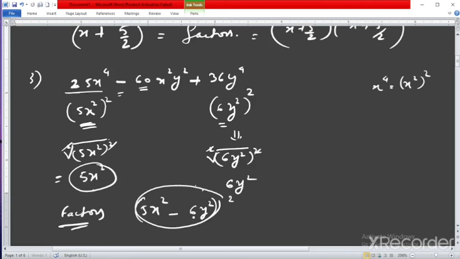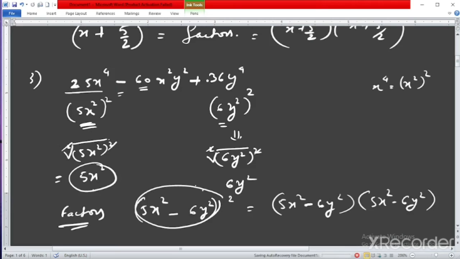Why? Because this is going to be used twice. It means 5x square minus 6y square is the first factor, and then again 5x square minus 6y square is the second factor. Understood? Now further you cannot factorize. These two factors are the factors of this whole expression. Okay, so I hope now you are very much clear with this type of factorization.